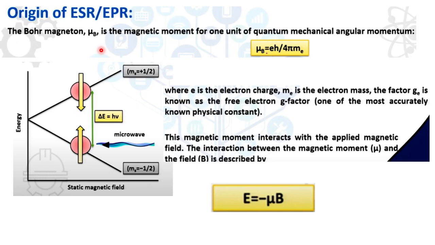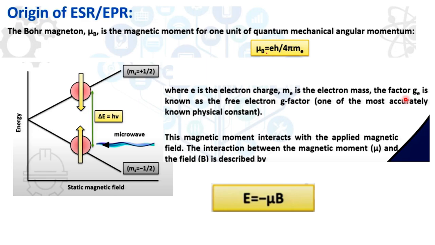So the Bohr magneton mu b, that is the unit, is the magnetic moment for 1 unit of quantum mechanical angular momentum, that is equal to eh by 4 pi me, where e is the electron charge, me is the mass of the electron, and factor G is the free electron g factor, that is a physical constant.